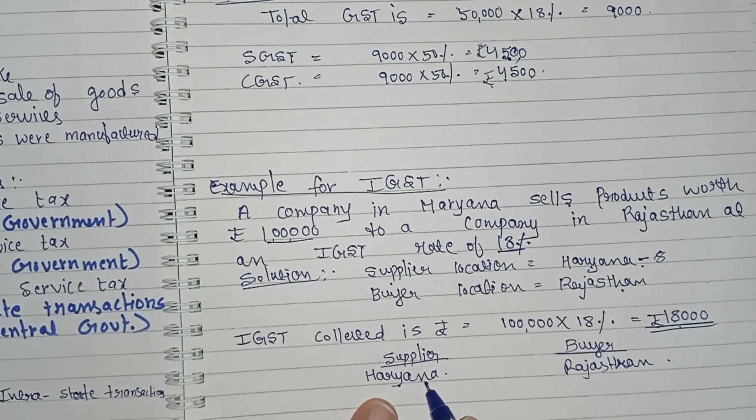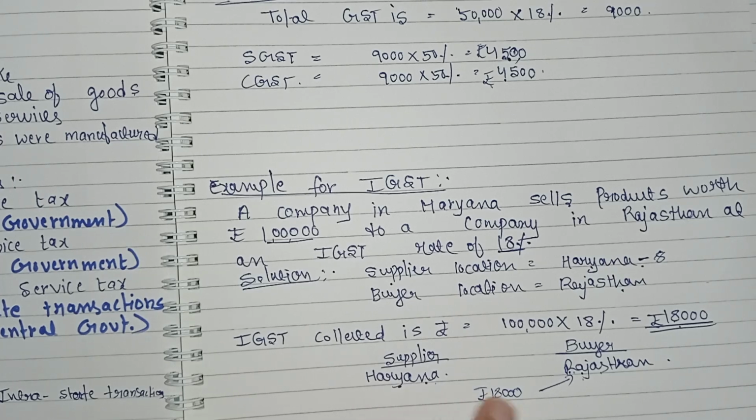The supplier in Haryana collects rupees 18,000 as IGST from the buyer in Rajasthan. Supplier collects rupees 18,000 from whom? From the buyer. He is in Rajasthan. And after that what happens?